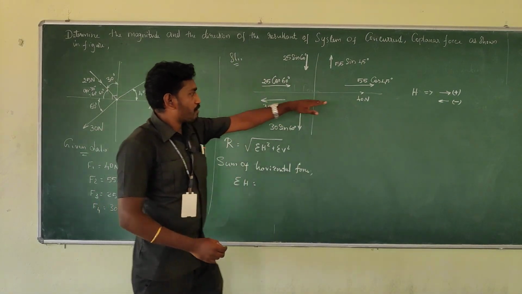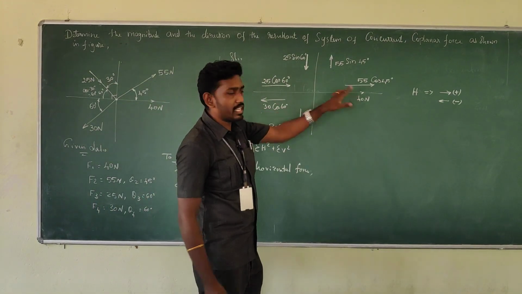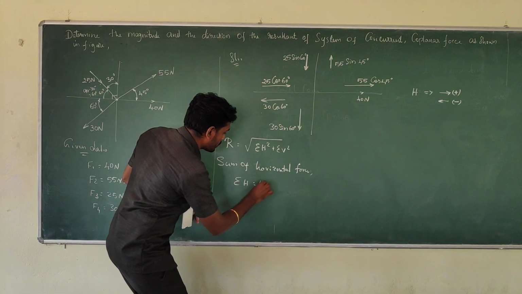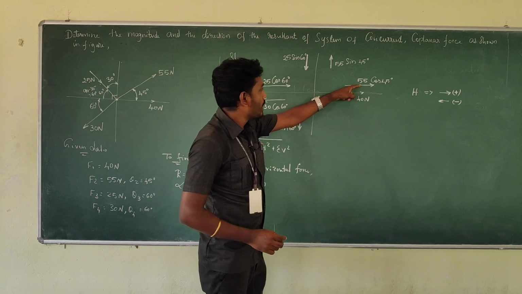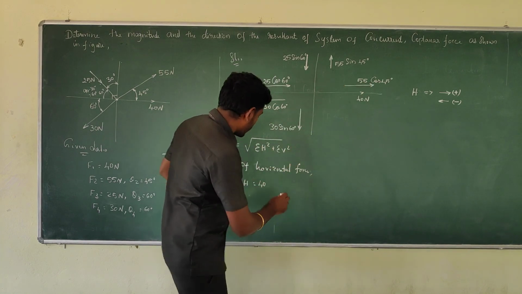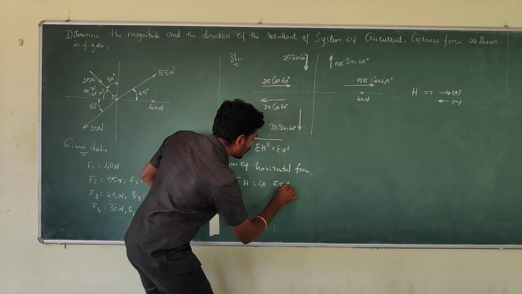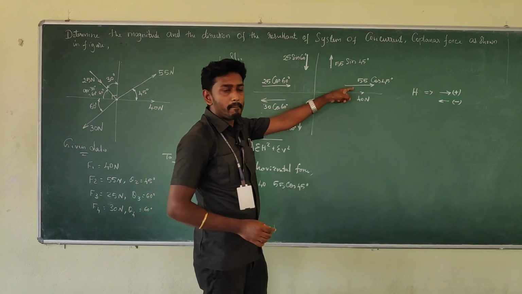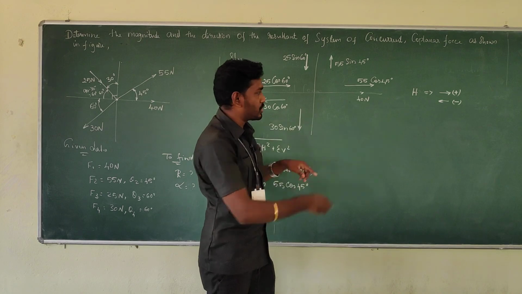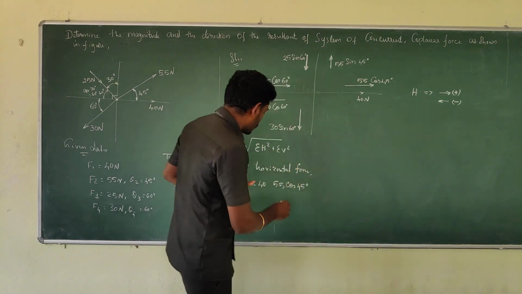So here 40 is moving to the right side, so it is a positive 40. Then here is a horizontal force, 55 cos 45 degree. Where is it moving? Towards the right, in the sense positive, so add positive.